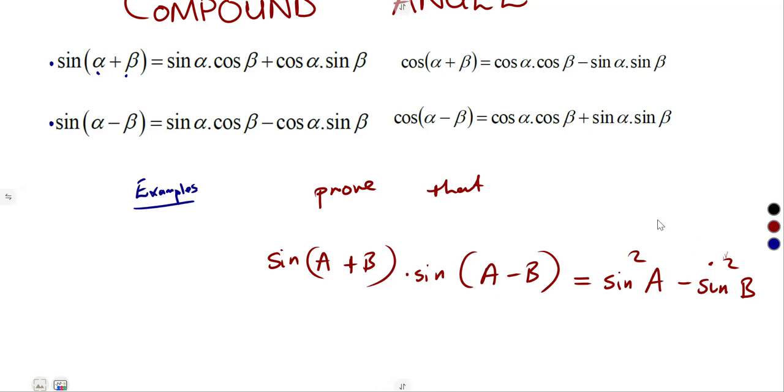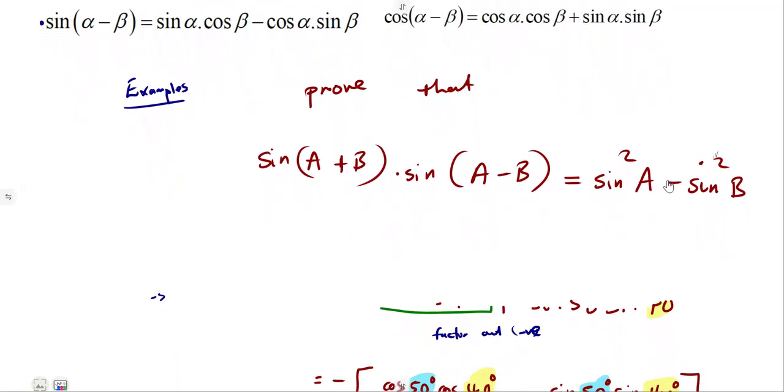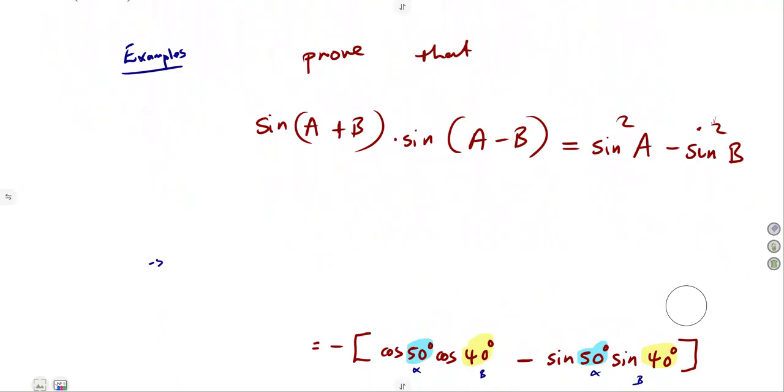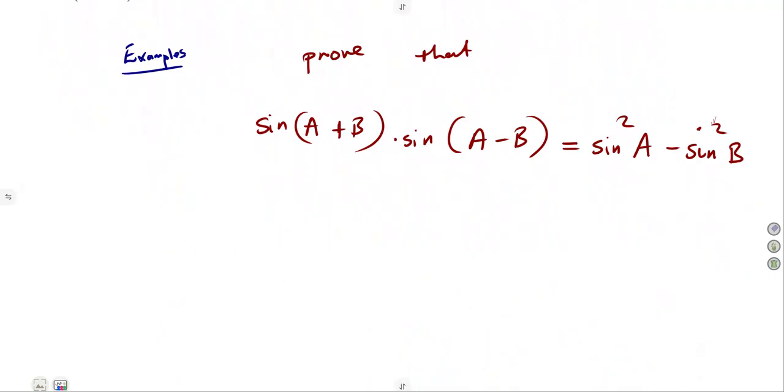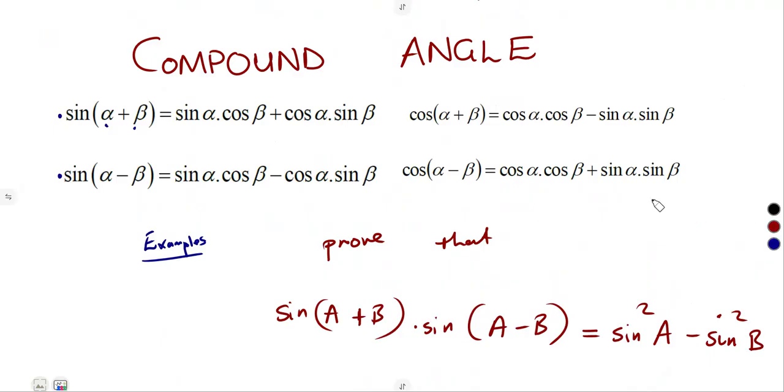Okay, no problem. If we are to consider the proof, we can consider a side. Remember, it's not the first time working with these questions under a proof. We need to choose a side that we can prove from. In my case, the left-hand side is more complicated and it has these identities, sine of a plus b, alpha plus beta, and also a minus b, alpha minus beta, for which we have an expansion.